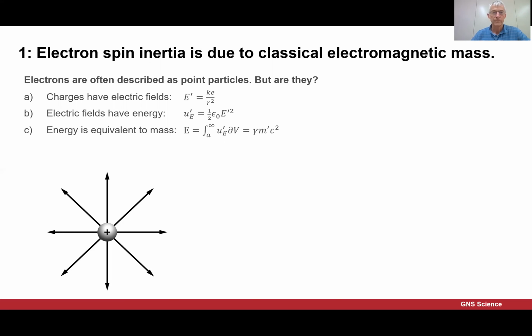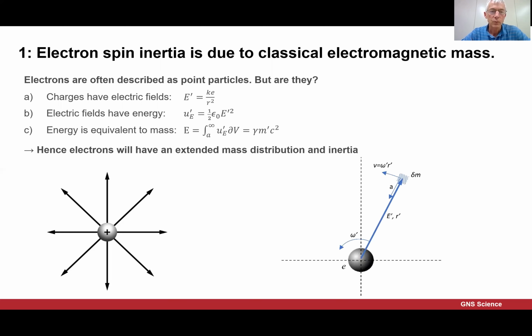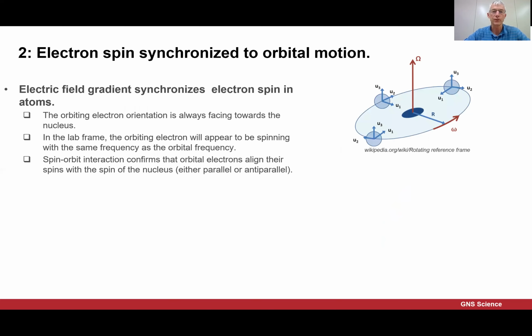So therefore, electrons will have an extended electromagnetic mass distribution, and this will influence the inertia when the electron comes to rotate, for any rotational motion, and it will also influence the angular momentum.